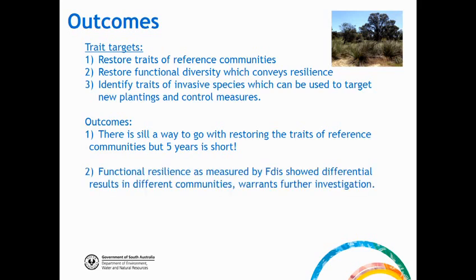So the functional resilience as measured by FTIS showed differential results in terms of the different communities, and this warrants further investigation, to look more tightly at why that is, what other species are in there that are providing those traits, and whether it is because we've done some particular management to one of the communities but not the other.